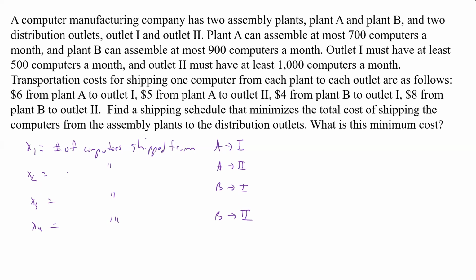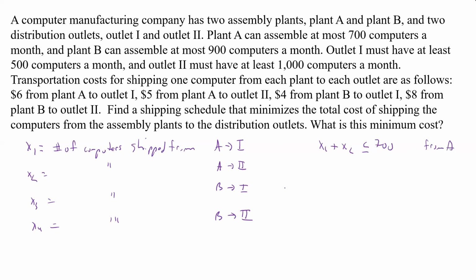All right, so the next thing we need to do is write our equations. Plant A can assemble at most 700. X1 and X2 are part of plant A, so X1 plus X2 has to be less than or equal to 700, and this is from A. That way we can keep track of what we're doing.